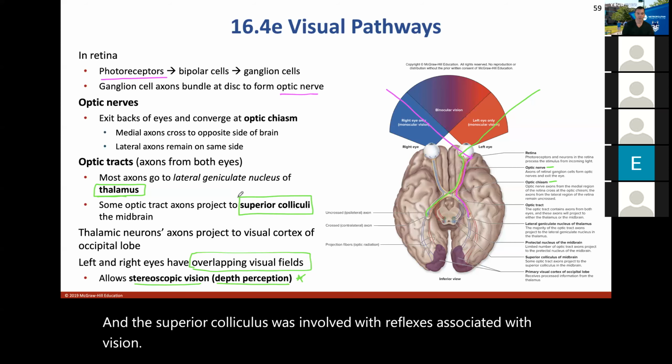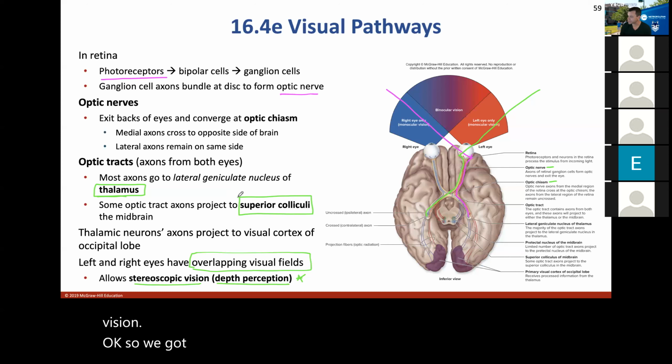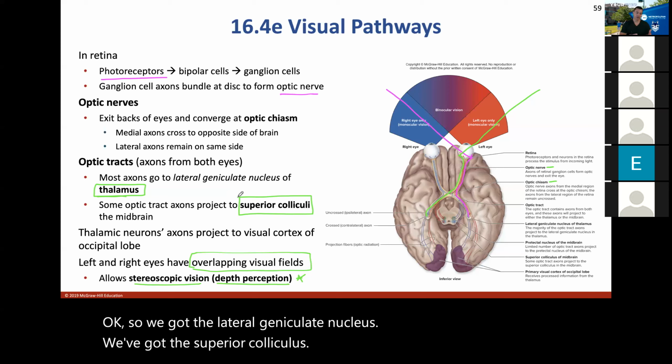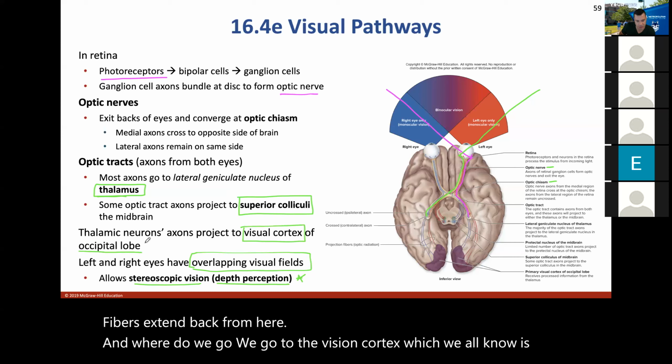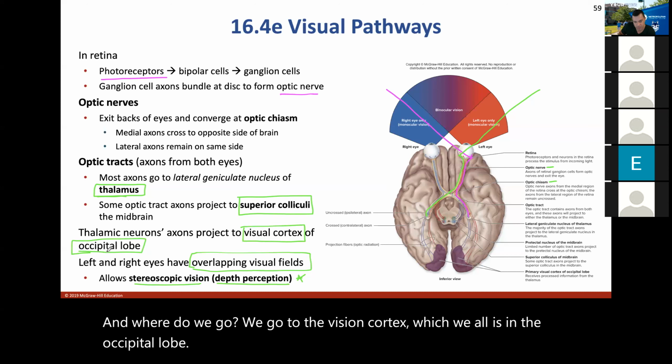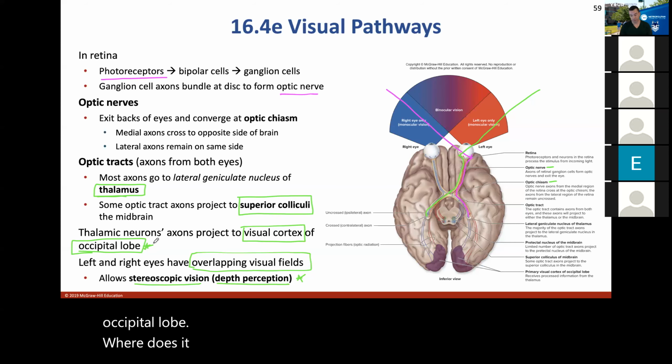Okay. So we got the lateral geniculate nucleus. We've got the superior colliculus. Fibers extend back from here. And where do we go? We go to the vision cortex, which we all know is in the occipital lobe. Where does it start? What are the major structures that we run into that we've talked about?